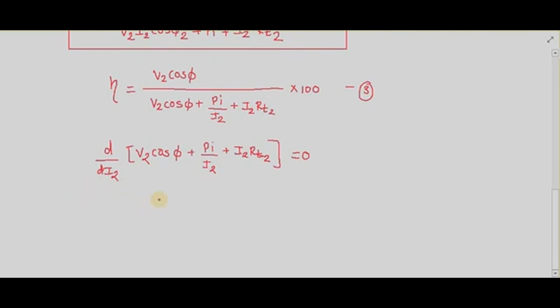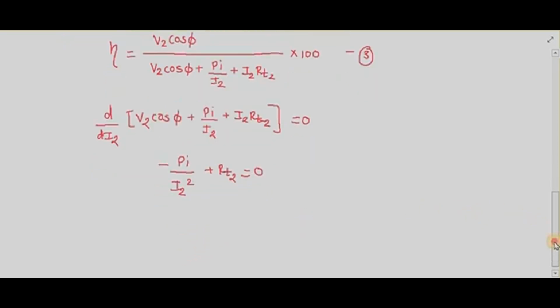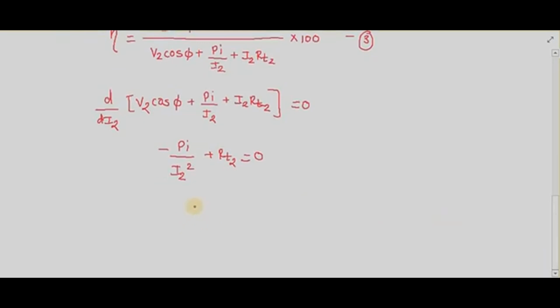So what is the derivative of this equation? You will get minus Pi upon I2 square plus RT2 equals to 0. Right? So I can write this as Pi equals to I2 square RT2.